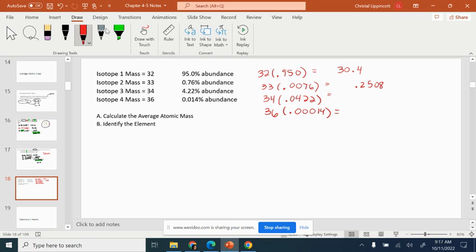We have 34 times 0.0422. That is 1.4348. And I have 36 times 0.00014. And that ends up being 0.00504. So now I'm going to do what with these values? Add them together.